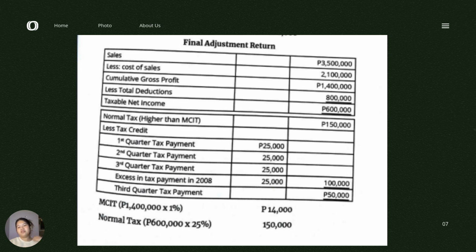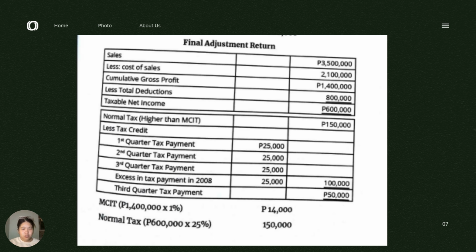To determine the final tax payable, all tax credits accumulated throughout the year are deducted from the total annual liability. These credits include the first quarter payment of 25,000 pesos, the second quarter payment of 25,000 again, and the third of 25,000. We also deduct the overpayment from 2021, which is 25,000.